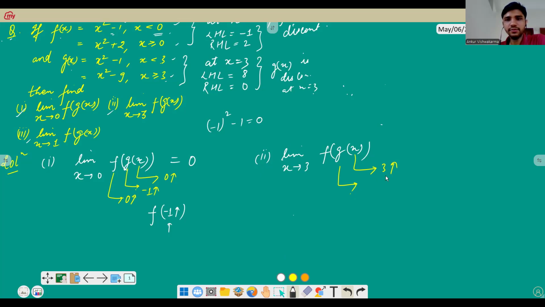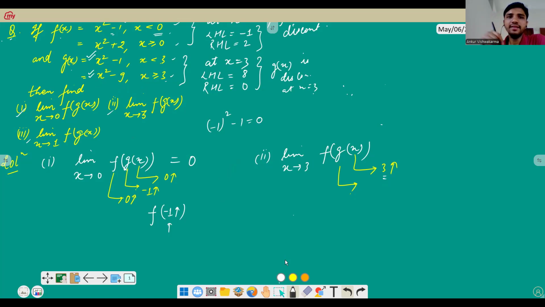When x approaches 3, g(x) behavior changes at 3 only. When we approach 3 from the left hand side, g(x) is defined like this. And when we approach 3 from the right hand side, g(x) is defined like this.